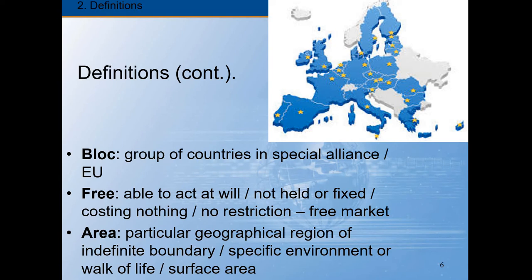So a specific area, if you look at the graphic of the EU, the whole blue area is the European Economic Union. So trade happens freely between all those countries that are colored in blue within that graphic.